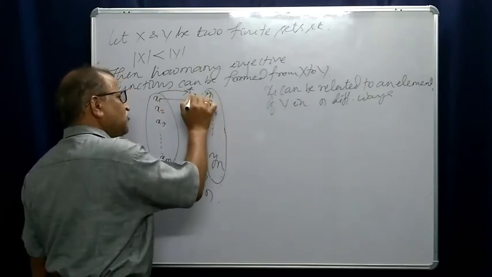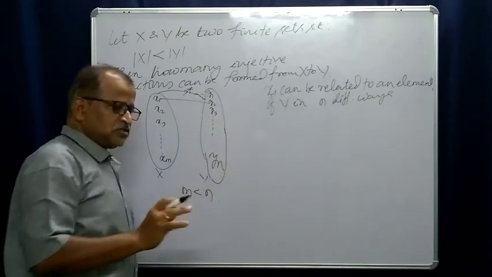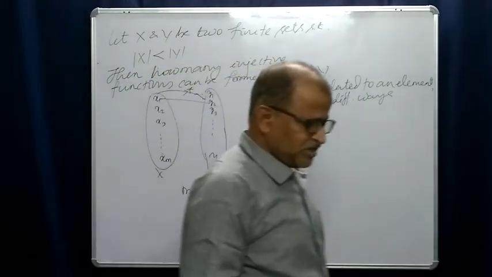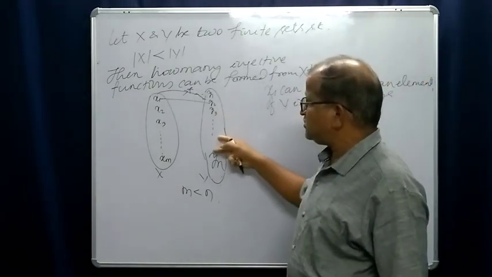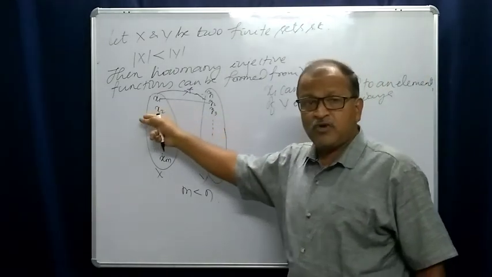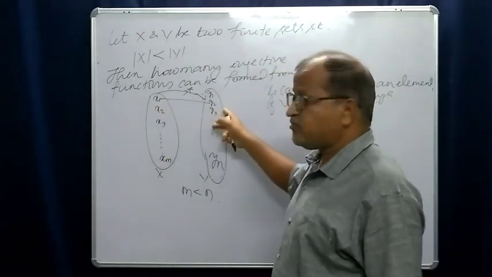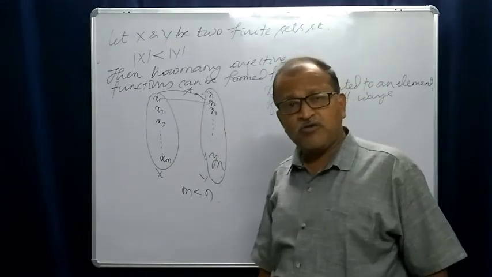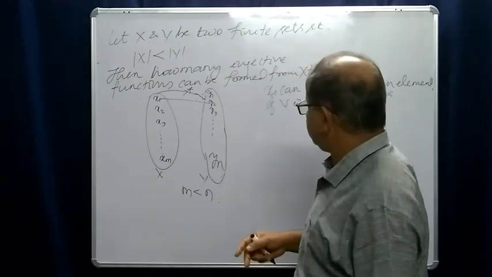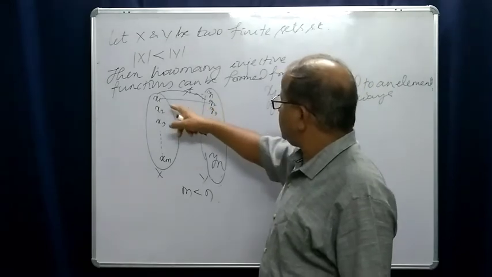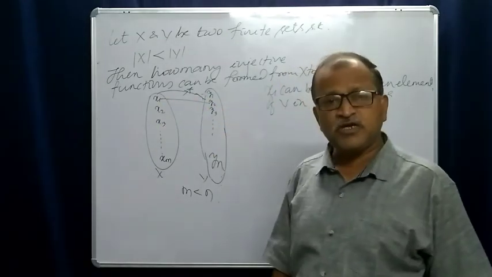Anyway, I will relate it with one element of y. So how many elements remain? n minus 1 elements. While I relate x2, I will relate x2 with another element of y. How many ways can I relate? Since it is injective, if x1 is related to y2, we cannot relate x2 with y2.